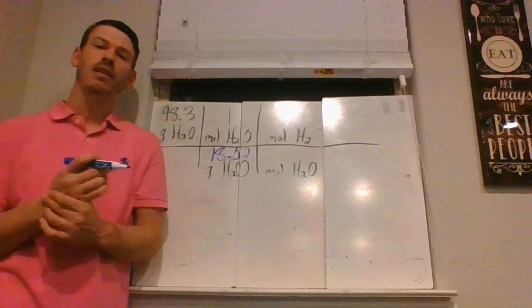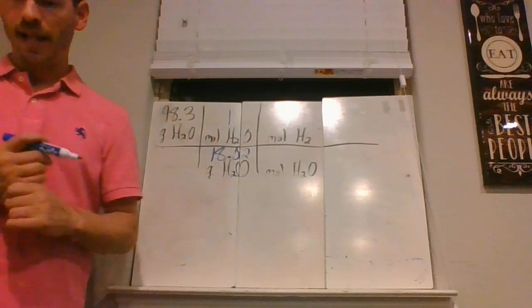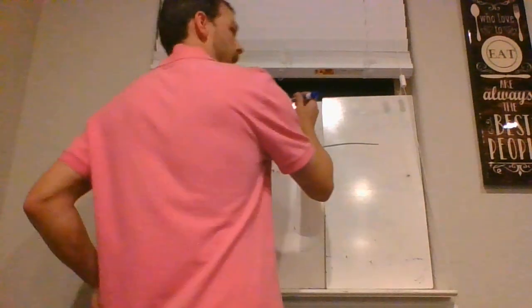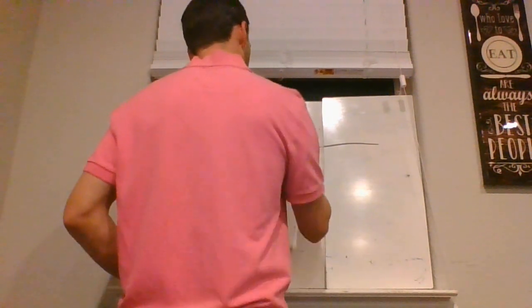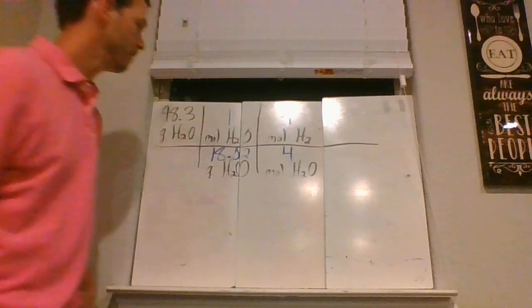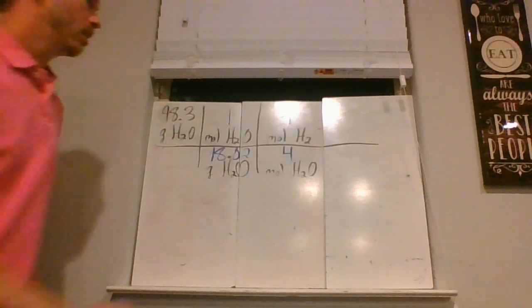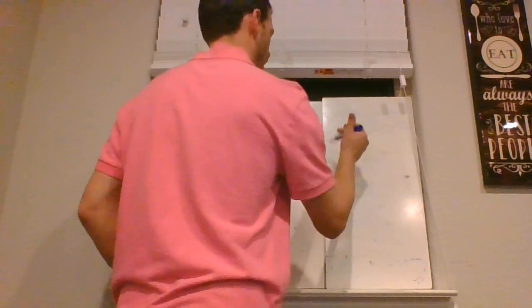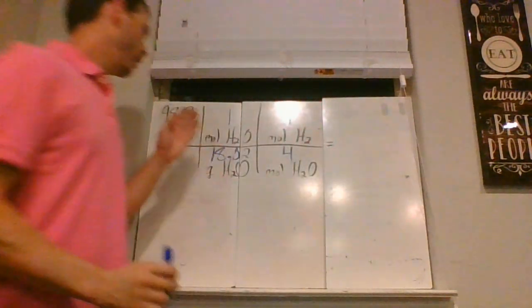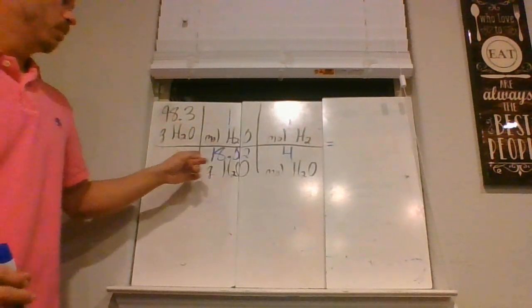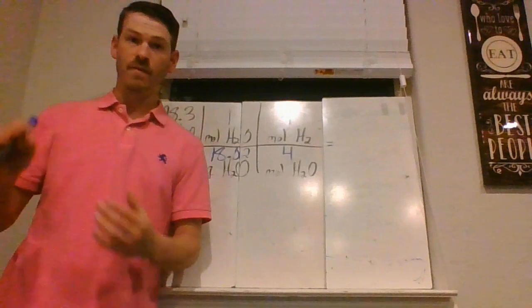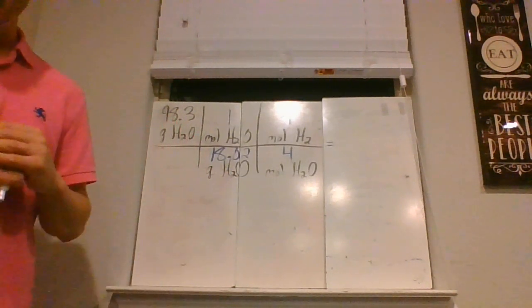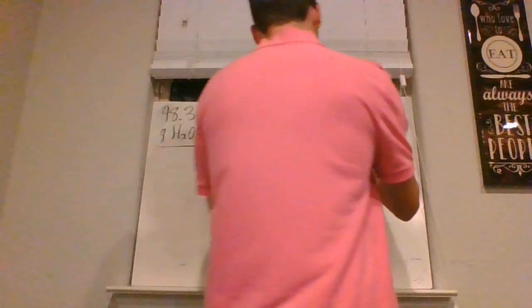So look back up to the balanced equation, find water, find H2, and you'll see in this case, they both have a coefficient of 4. So now we can run the grid, multiply across the top, get a number, multiply across the bottom, get a number, divide the top by the bottom, and you're going to get 5.46 moles.